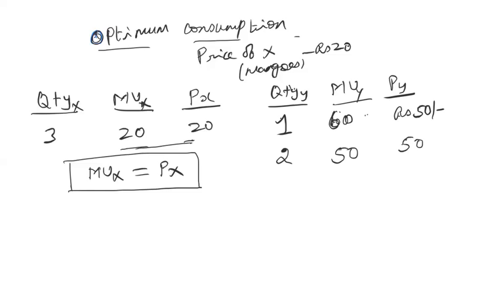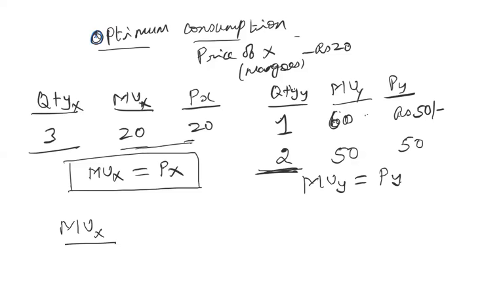So now what is happening? Here he has to stop at 3 units, here he has to stop at 2 units. At this point, marginal utility of Y is equal to price of Y. If he satisfies this condition, see what is happening here: the marginal utility of the last rupee spent on every commodity should give him the same marginal utility.